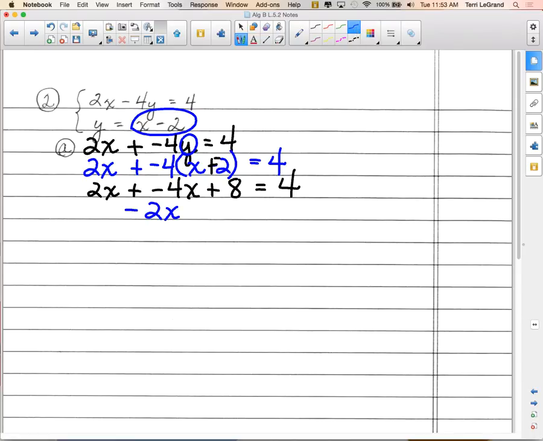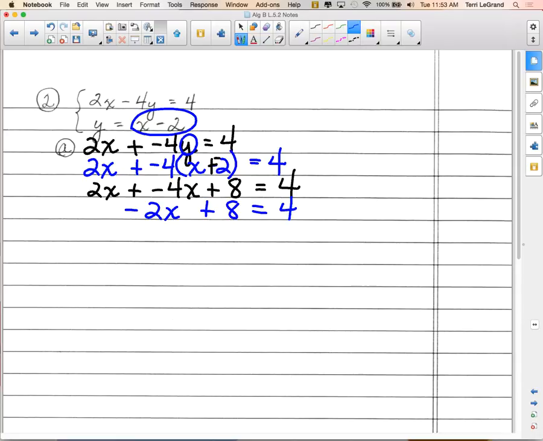Combine these guys, the 2x plus the negative 4x becomes negative 2x. 2 plus negative 4 is negative 2. X's added to x's stay x's. Bring down the plus 8 equals 4. More simplifying to do, or now are we ready to solve? Are we ready to solve, or we still need to simplify?